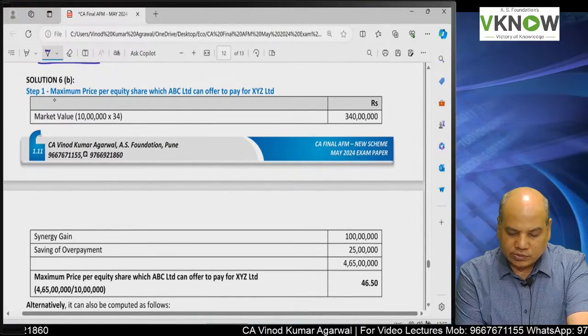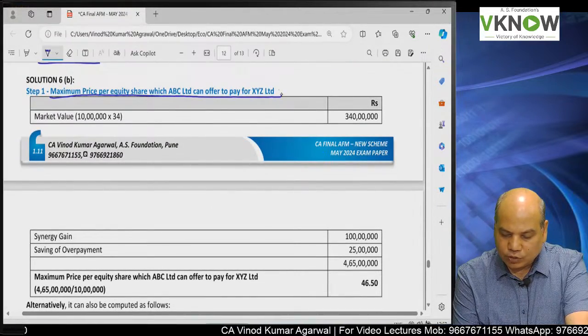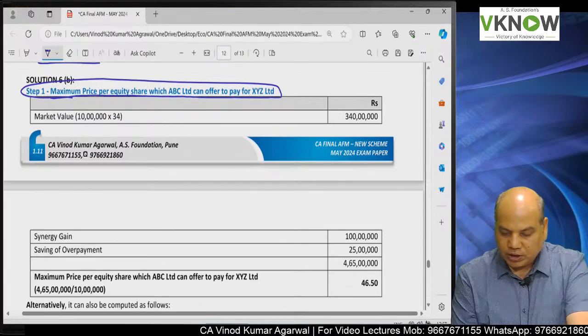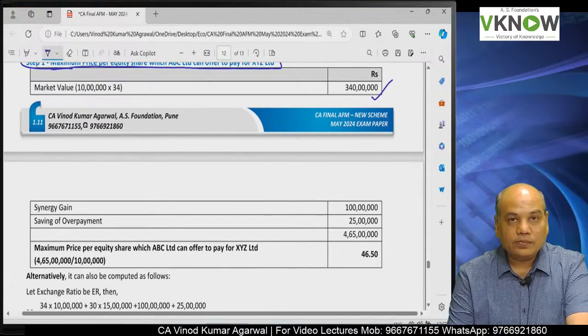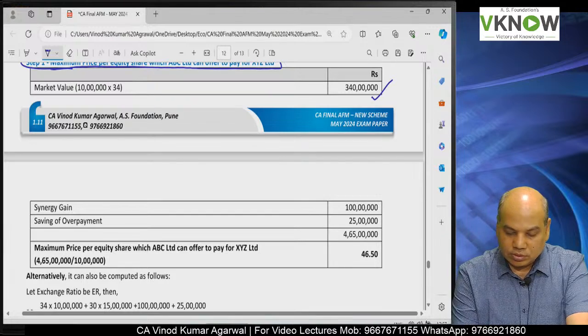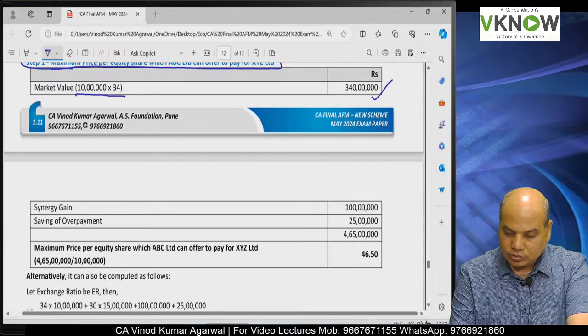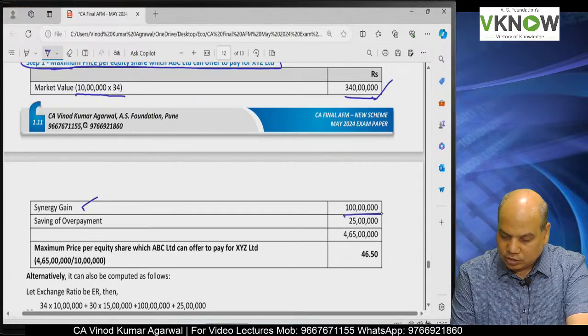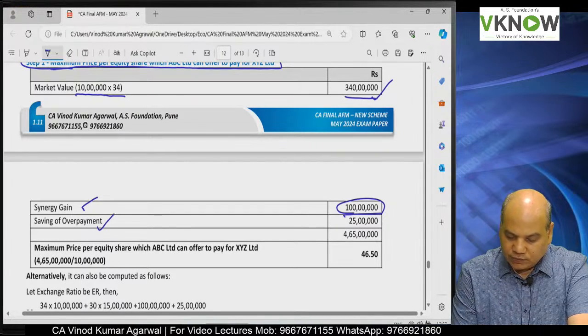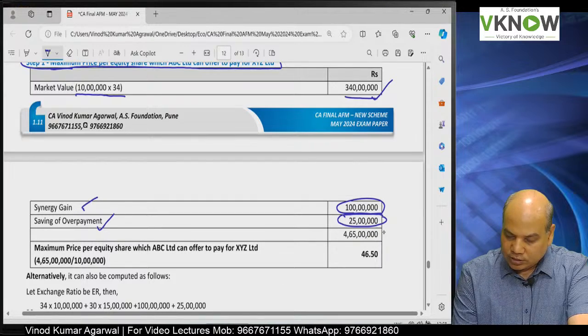The first answer is the maximum price per share which ABC can offer to pay for XYZ. Market capitalization of XYZ, 10 lakh into 34, 3 crore 40 lakh. Synergy gain 1 crore. Saving due to overpayment 25 lakh.